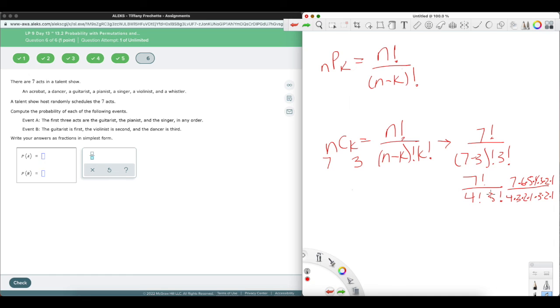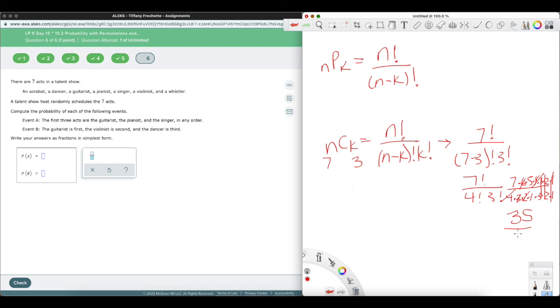So I can go through and start crossing these off. The 4s are going to cancel here. I have 6, and 6 is 3 times 2, so I can cancel 3 and 2 with 6. And now all I'm left with is a 1 on the bottom. It's all I have left. So I have 7 times 5 is 35 over 1, which would just be 35.